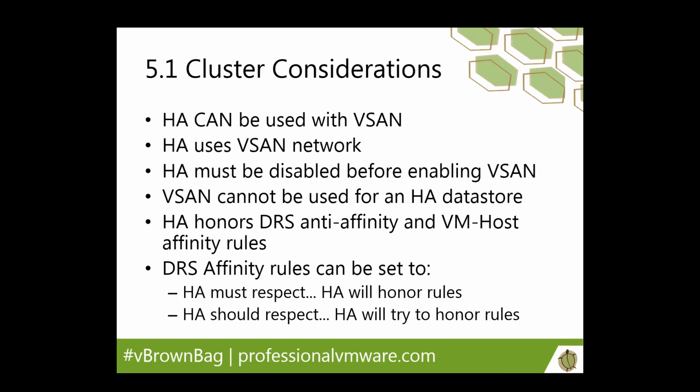So if you think of a scenario, I'll do a little bit on DRS affinity rules now. If you've got, let's say, a web application that sits behind a load balancer and you've got 2 web servers, the point of that is generally to manage load and to make sure that it's available. So if you've got to take one of those virtual machines down, there's still another virtual machine serving your application or your website for folks coming into that.